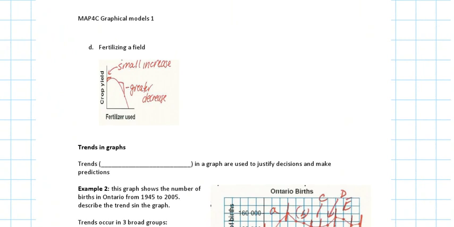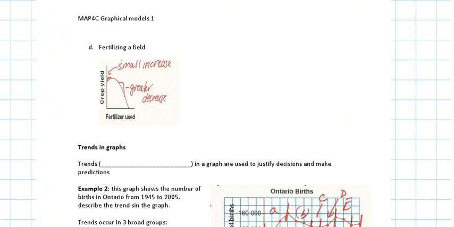So then we're going to look at fertilizing a field. What we see here, we see a crop yield on the y-axis, and then the fertilizer used on the x-axis. So what we see there, we see a little bit of a quadratic, right? Not all of it. We see just part of a quadratic function, where we see a small increase at the beginning.